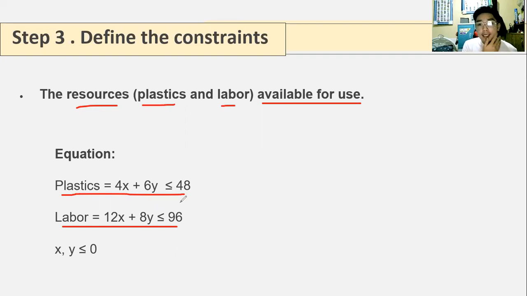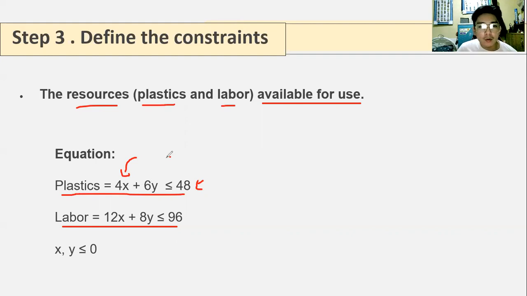So how do we get these equations? As stated in the problem, we only have 48 kilograms of plastics. That's why we have 48 here. It is stated in the problem that we require 4 kilograms for the HP printer. So X represents the HP printer and 4 represents the kilograms of plastics that the HP printer needs.